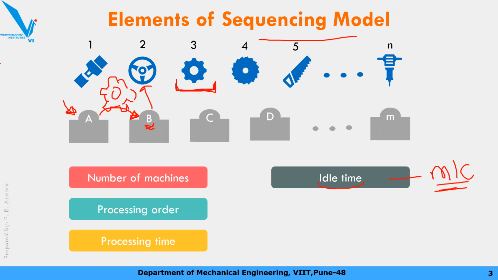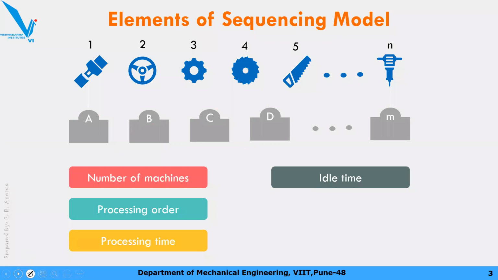For example, right now C is free and it can work only when it receives the job from machine B. But currently machine B is working on some component. So the time taken by the first component on B is the idle time for machine C. The time that machine C waits is the idle time. Again, we will revisit this concept when we solve some numericals.